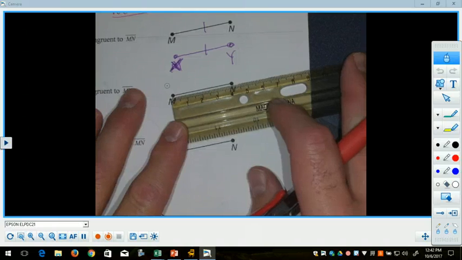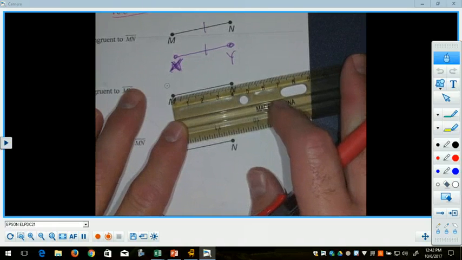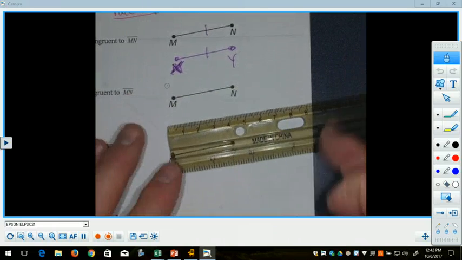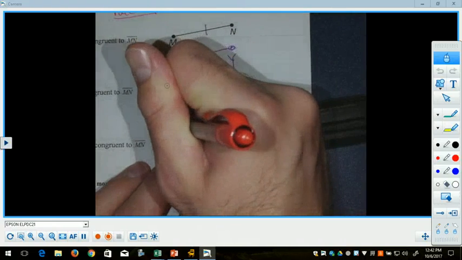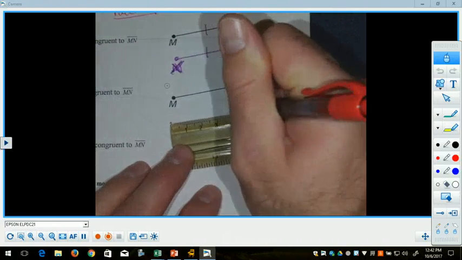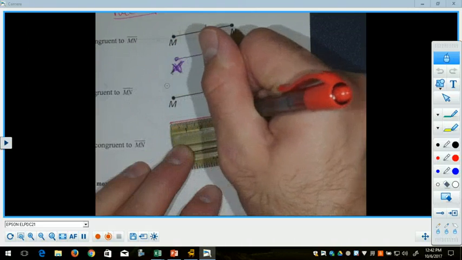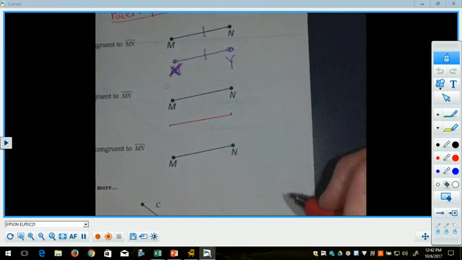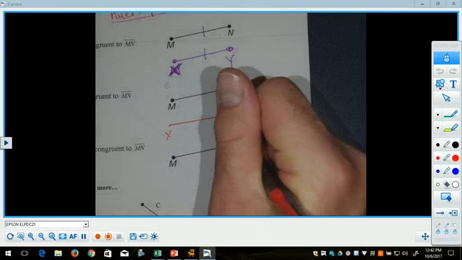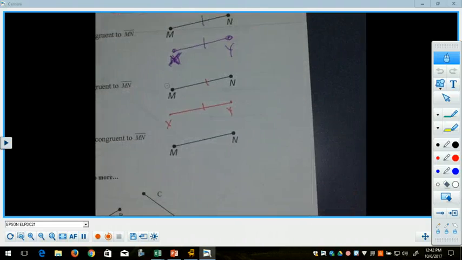And when I put this down, I'm getting it to be 4 centimeters. Maybe you get 4.1, depending on how you look at it. And so I plot those and connect them with a straight line from the straight edge. This is more accurate than what I have above in the purple. They probably are closer to being congruent, but they may not be exact.